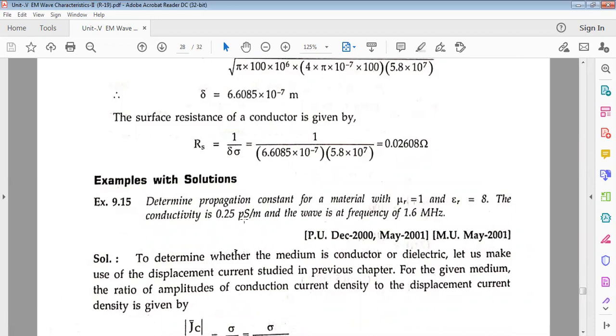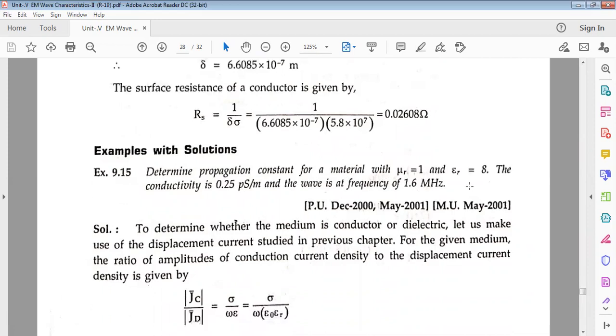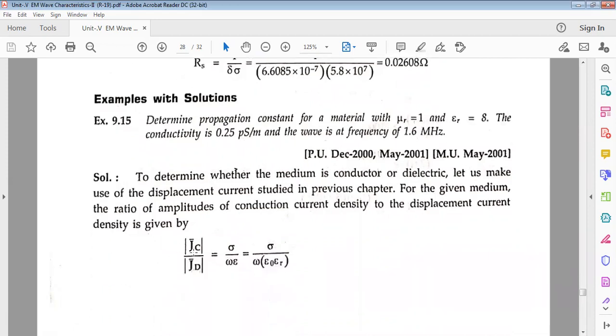The conductivity is also given, and the wave is at the frequency 1.6 megahertz. Now the relation is the ratio between JC and JD, sigma by omega epsilon, sigma by omega into epsilon naught and epsilon r. Conductivity is given 0.25 and epsilon r is given, you know epsilon naught is 8.85 into 10 to the power of minus 12.